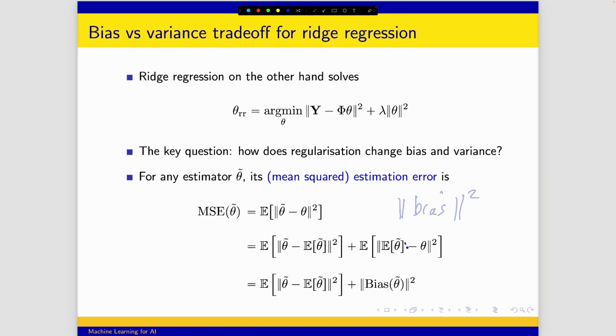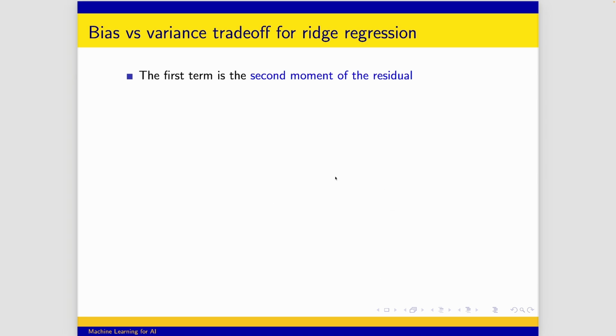Now, the expected value of this is just going to be this thing itself, because this is no longer random. So its expected value is the thing itself. So the mean square error is equal to these 2 terms. And this is our bias variance trade-off. But let's go a bit further.